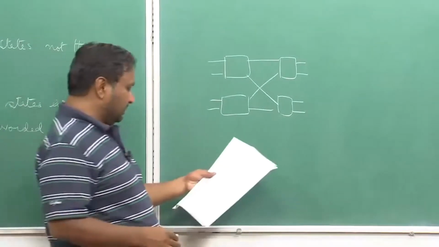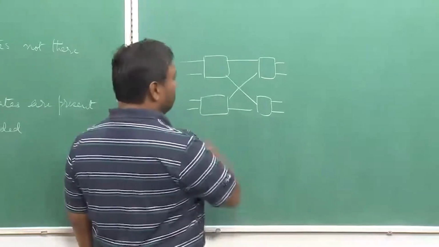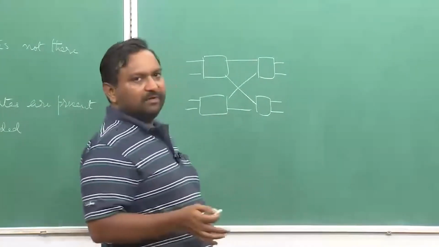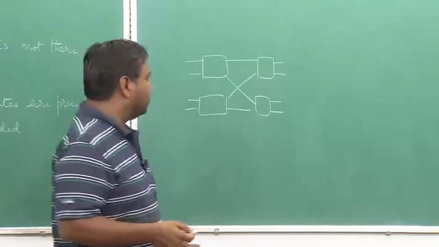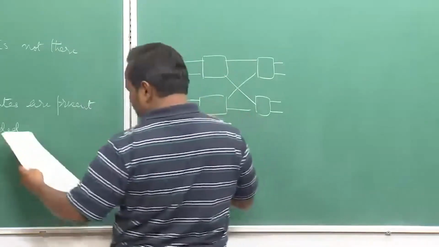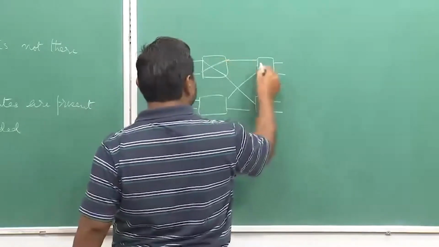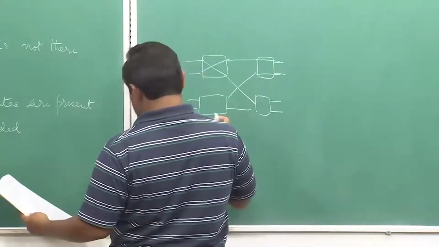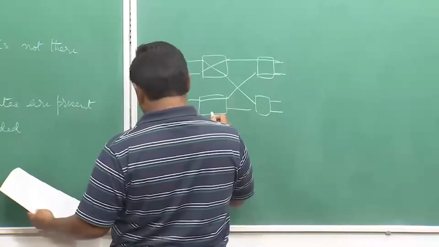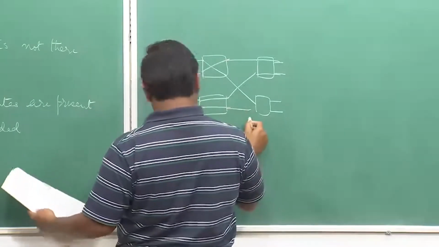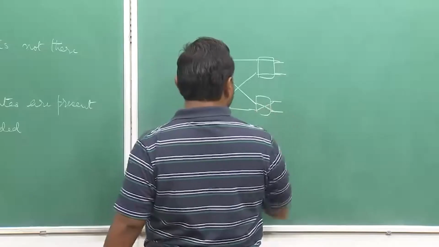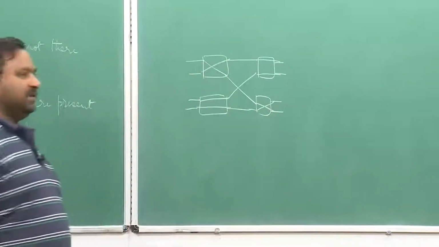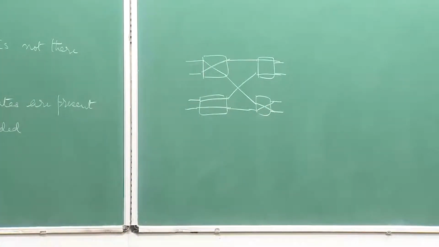So, a connection, for example, you can set up a connection. So, I am setting all 4 of them and trying to figure out what you mean by equivalence. So, I have set up a connection in this fashion. So, this is the connections the way it has been made. So, this is one state.